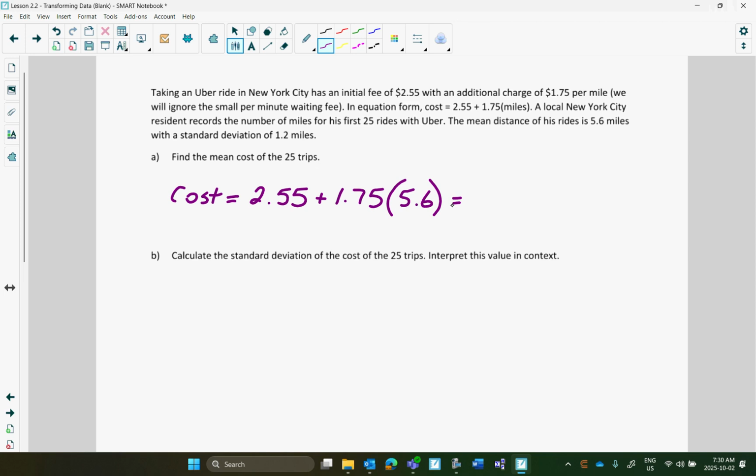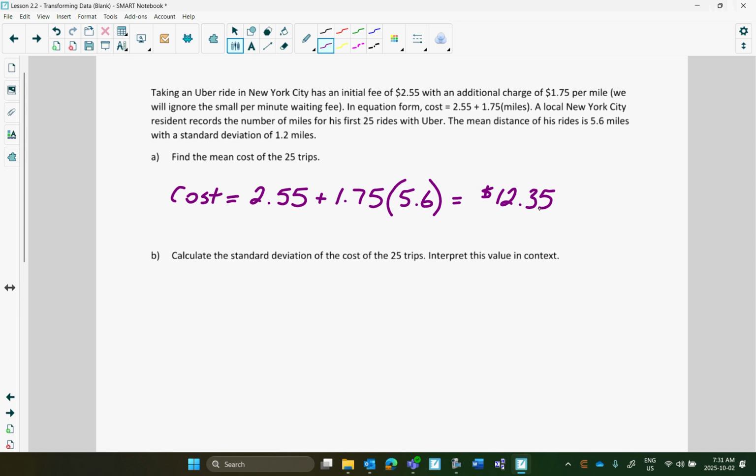If we multiply by some constant, the measure of center will change the same way. So we have to include the multiplying and adding to get the mean cost of $12.35 based on the mean number of miles of those 25 trips.